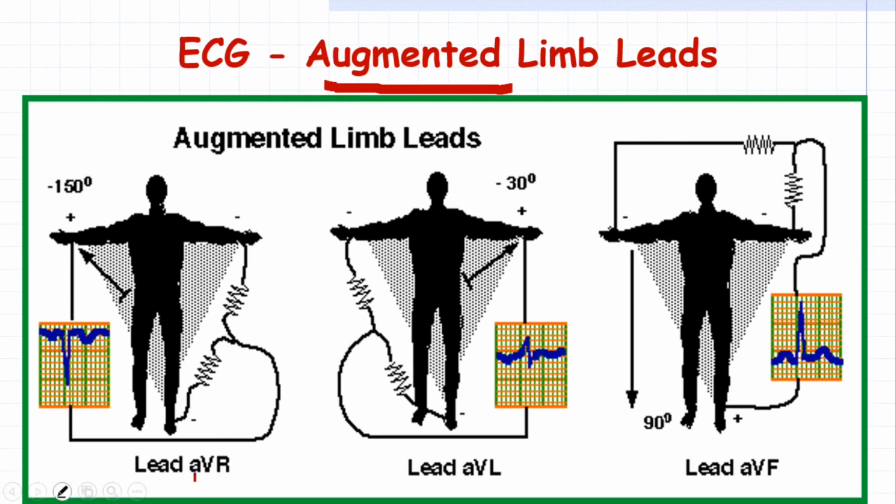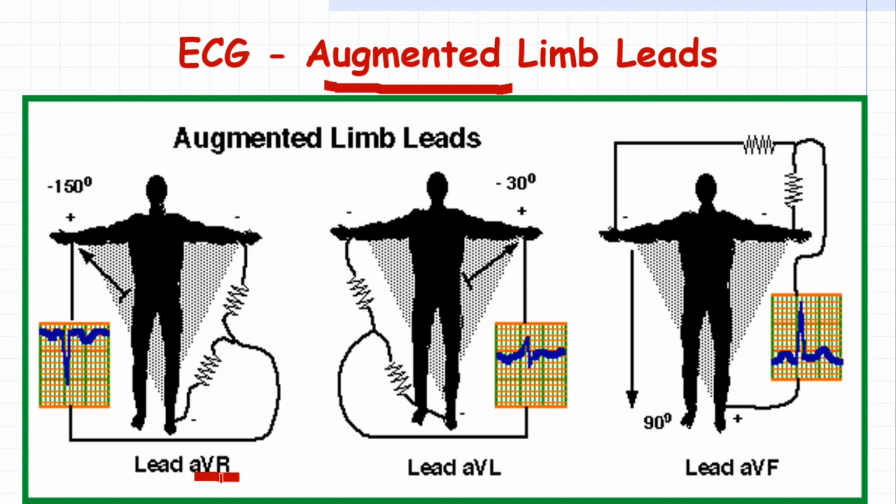The first one is aVR: a for augmented, V for voltage or unipolar, R for right arm. Here, as the name suggests, R means the active electrode is on the right arm. It is unipolar, meaning one active electrode, while the other is an indifferent electrode, inactive, kept at 0 potential.